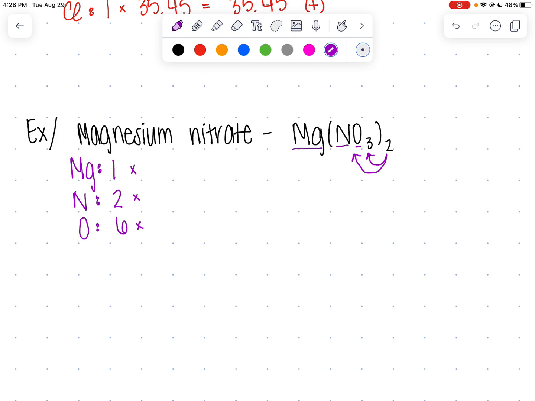All right, so for magnesium, you should have found 24.305, nitrogen, 14.007, oxygen, 15.999. These are the numbers I am using based on the periodic table that I have. You may be looking at a periodic table that rounds these molar masses a little bit differently.